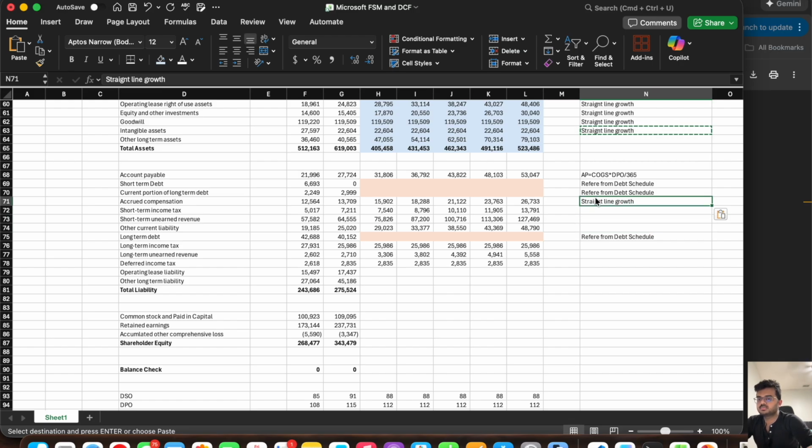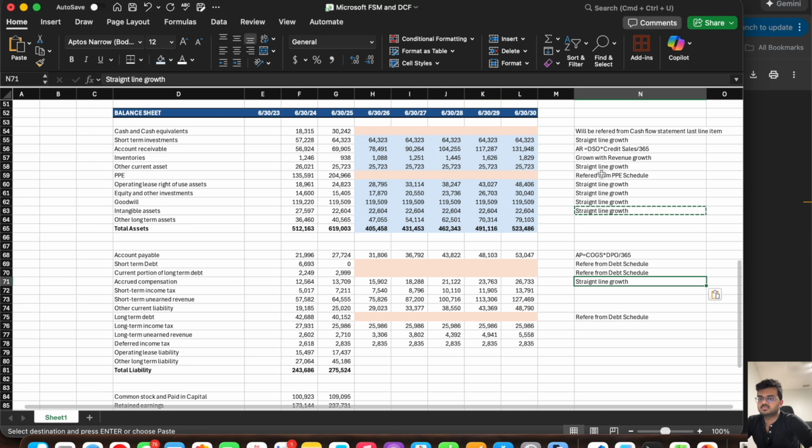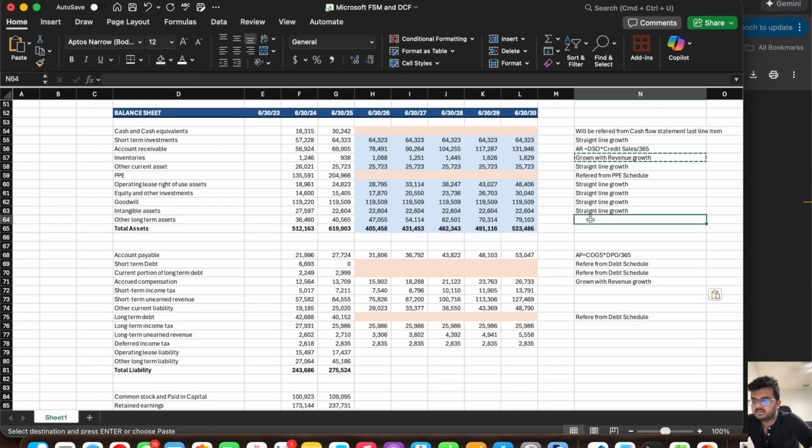Sorry, not straight line growth. This is grown with revenue. I think I need to come back and update this one. This is also straight line.